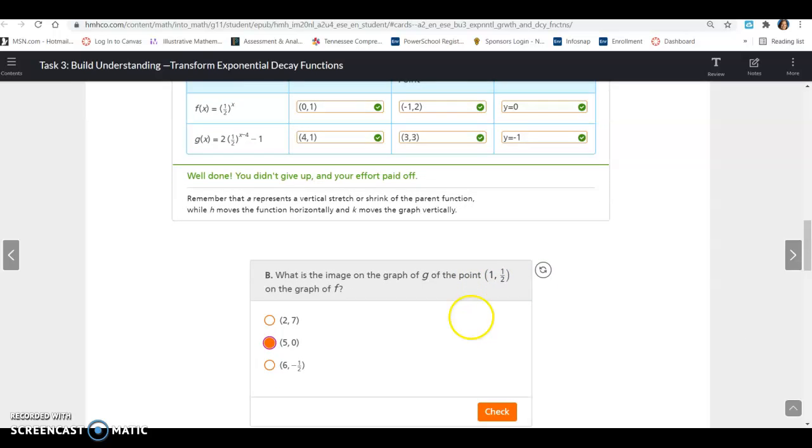The 1/2 is my vertical movement, so that's coming from my a, b, and my k. So a, b, and k. 2 minus 1 is 1.